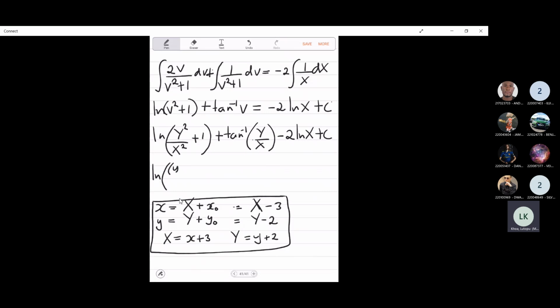We have y plus 2 squared over x plus 3 squared plus 1 plus tan inverse of y plus 2 over x plus 3, and my equal to sign is there.